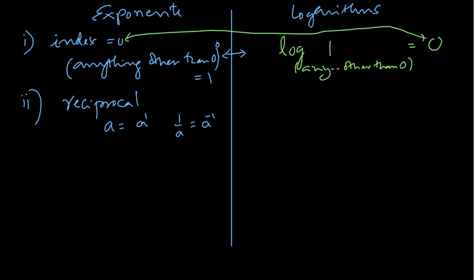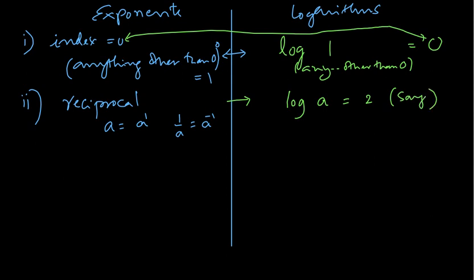Here the corresponding property, if you are looking at the log of something and log of 1 by something, okay, so how that gets translated here is, log a, for example, equal to 2.